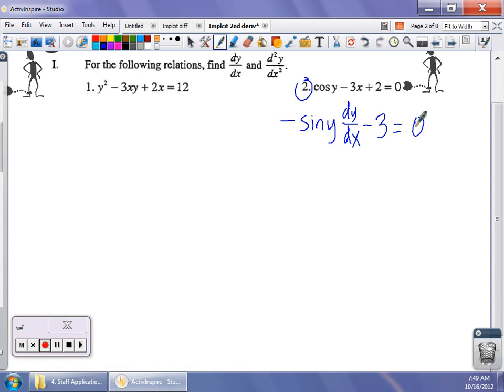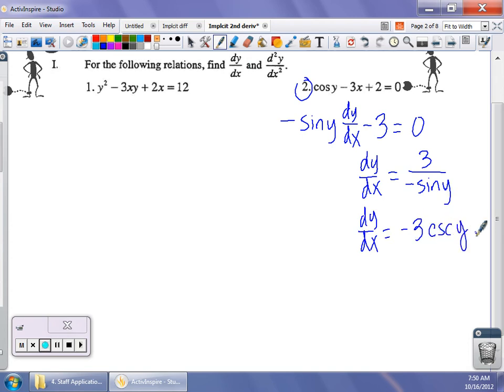So if we do that, we'll add 3 to both sides. And then we will divide both sides by negative sine y. And we can express that as negative 3 cosecant of y.